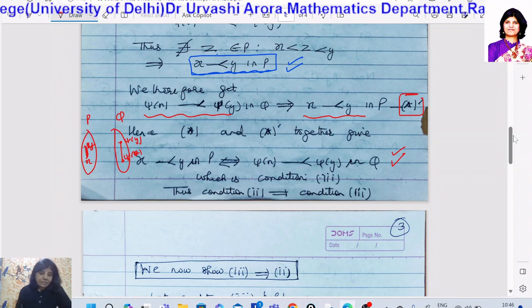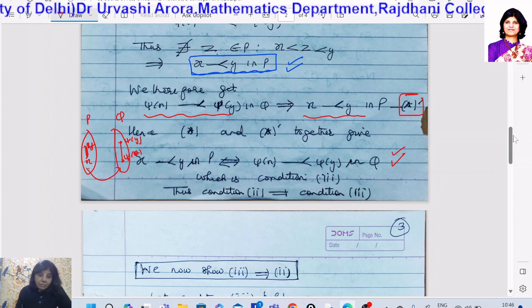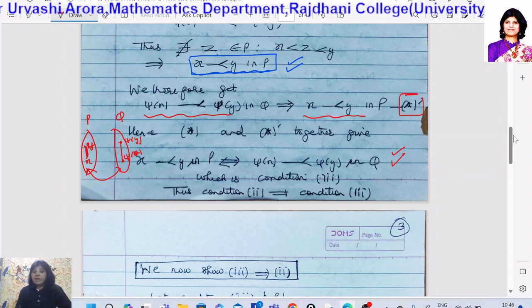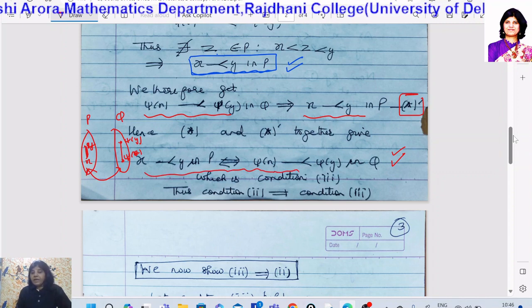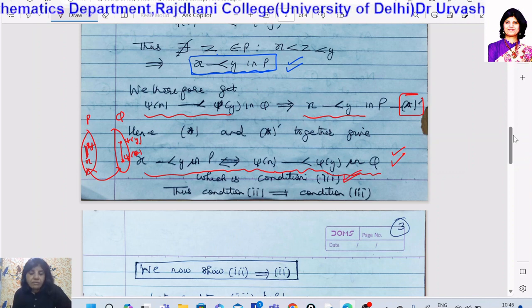This result holds both ways: x covered by y in P implies and is implied by psi x covered by psi y in Q, and this is nothing but condition 3 which we were trying to prove.